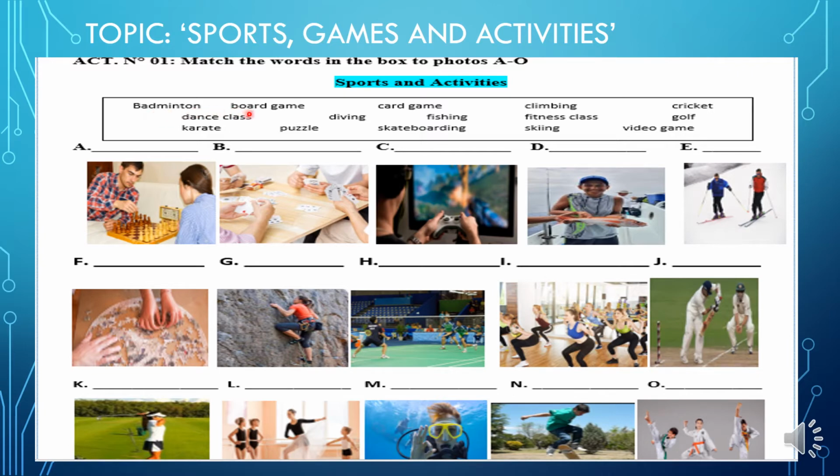The next word is board game, card game, climbing, cricket, dance class, diving, fishing, fitness class, golf, karate, puzzle, skateboarding, skiing, video game. So don't forget, you have to match these words with the photos you have in this part, okay? And that's it.